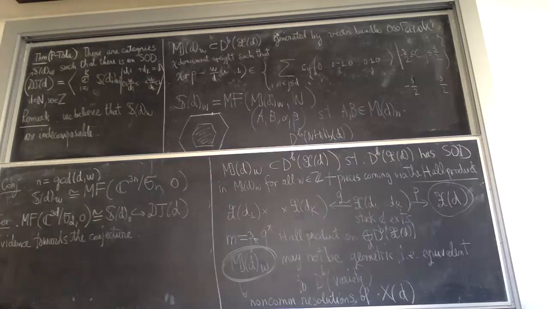So this type of semi-orthogonal decomposition should also be seen for those categories of certain constructible sheaves on the moduli stack of rank r, and in this case rank d, and Euler characteristic w, vector bundles on an elliptic curve. And those stacks have Harder-Narasimhan decompositions, and they should correspond to this slope condition.